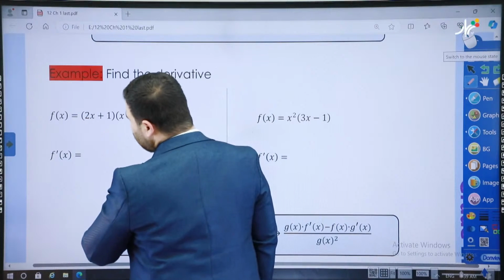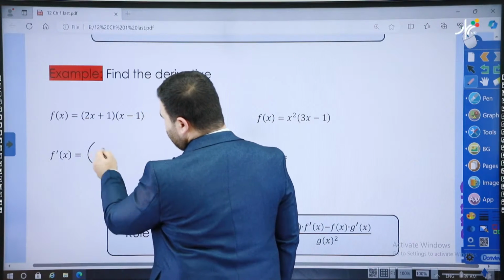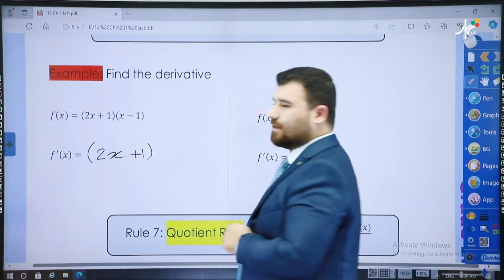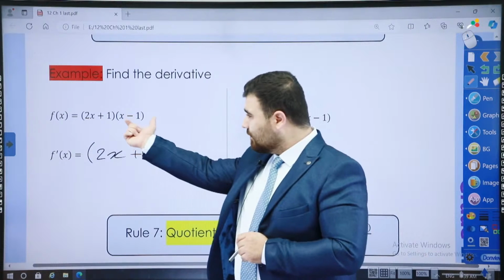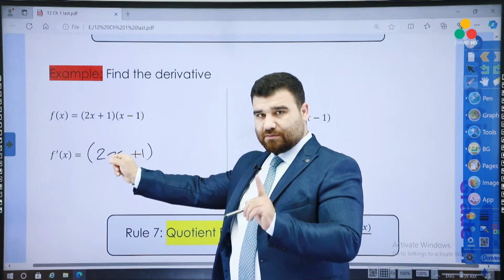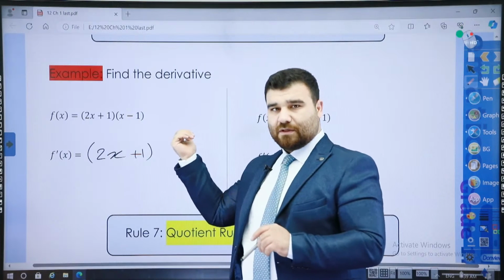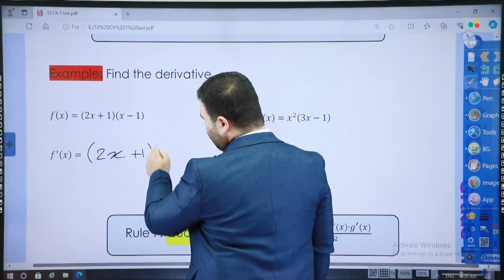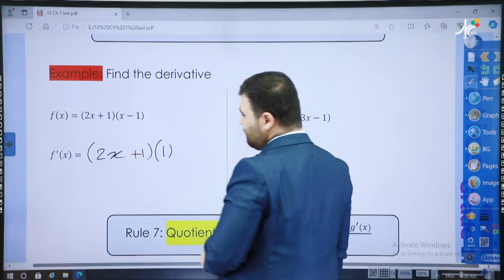Keep the first as it is, 2x plus 1, times derivative of second. What's the derivative of x minus 1? It will be derivative of x, which is 1, minus derivative of 1, which is 0. Then first times derivative of second, it's like times 0.